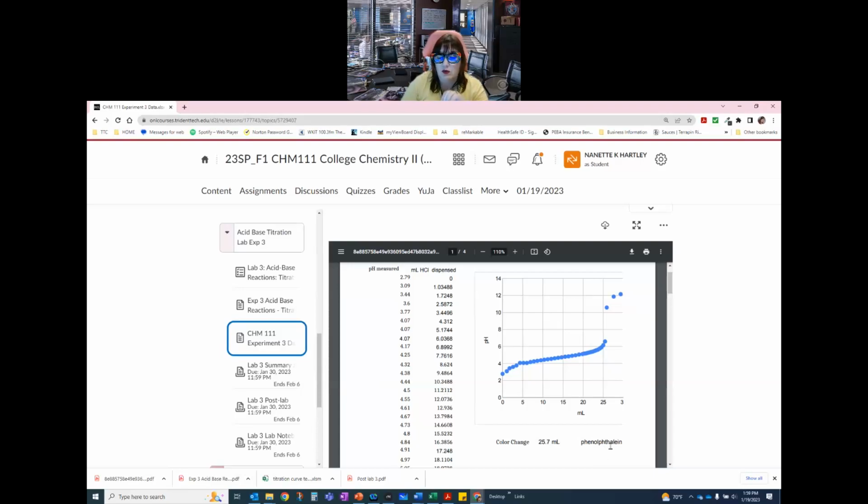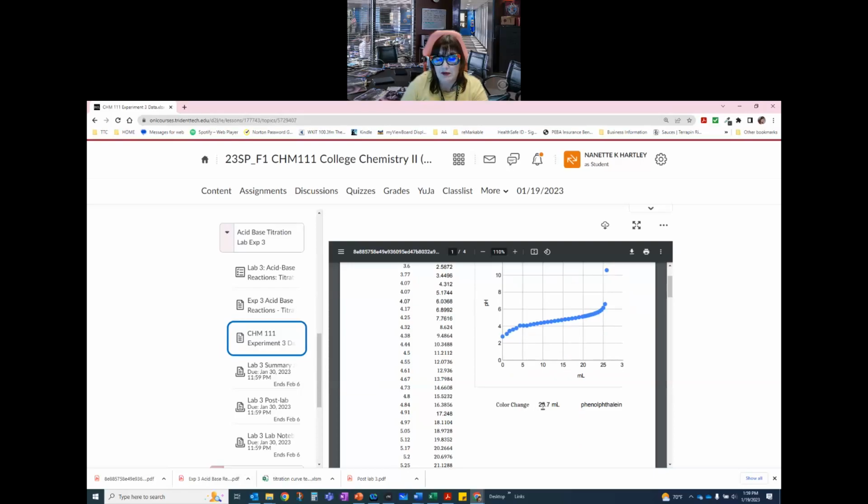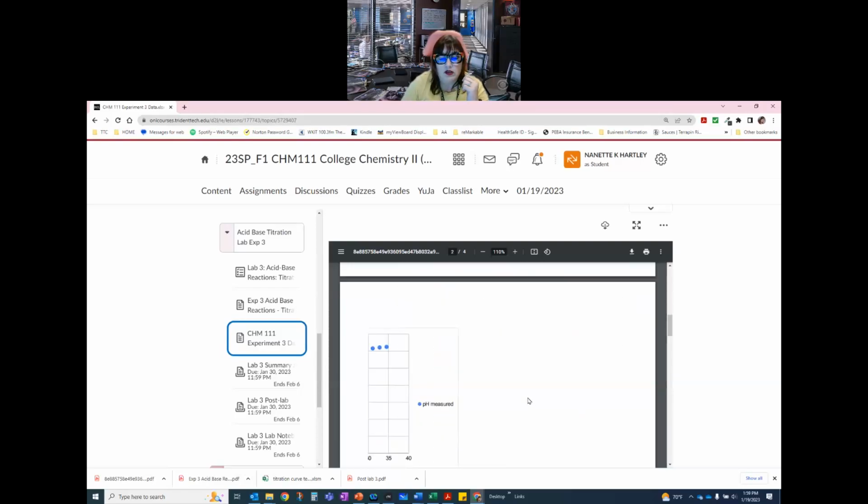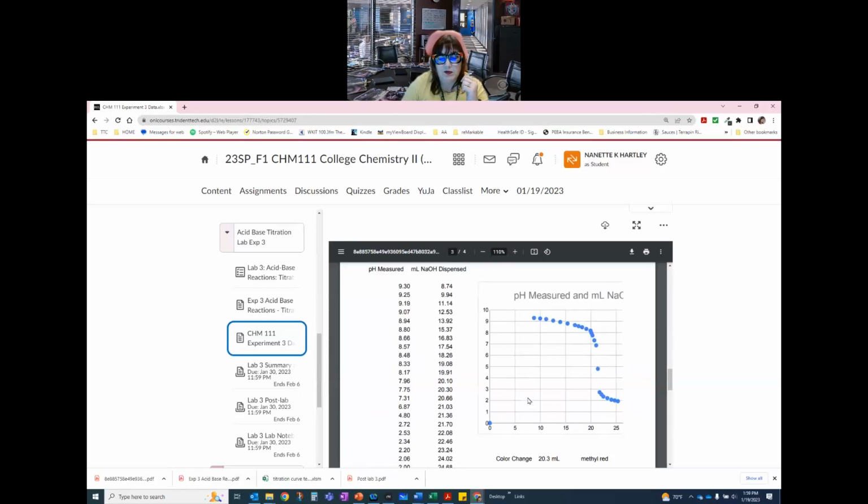Notice that it says what's the indicator, that's phenolphthalein for this one. The color change happened at 25.7 milliliters. The second experiment, the indicator was methyl red, and the color change happened at 20.3 milliliters. So all of those lines should be in there.